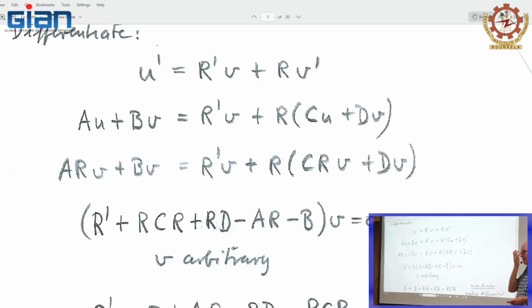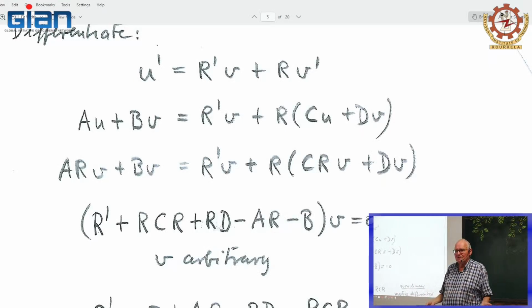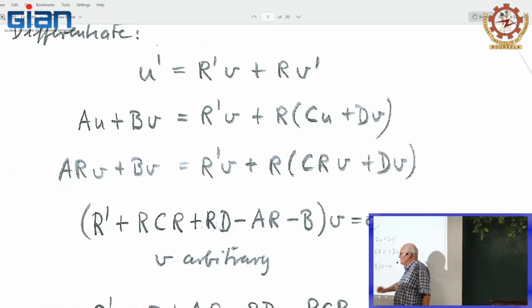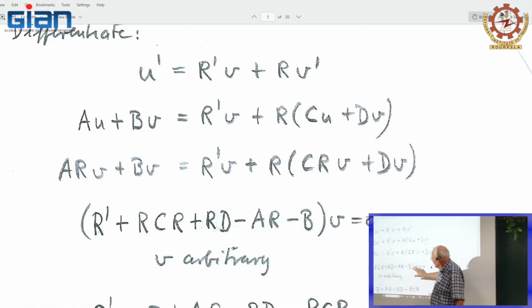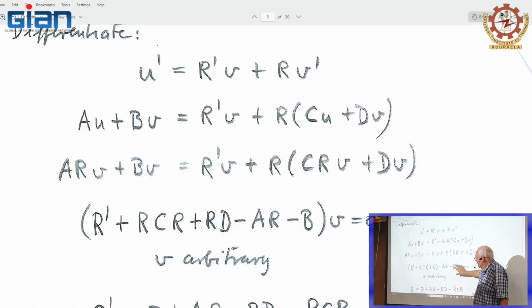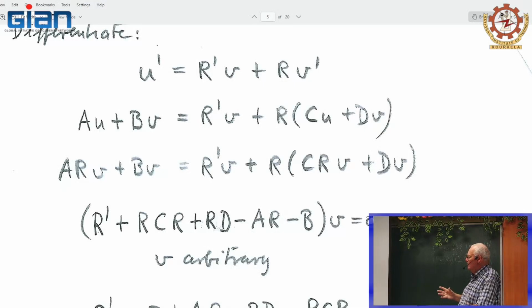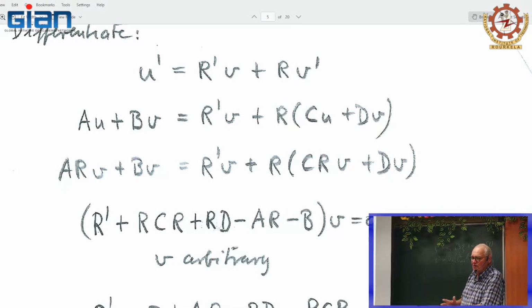Now we haven't specified the vector V. V is arbitrary, so we have that the matrix differential equation has to hold, a matrix differential equation which does not resort to the vectors u and v anymore.